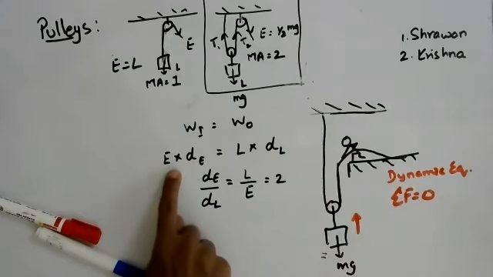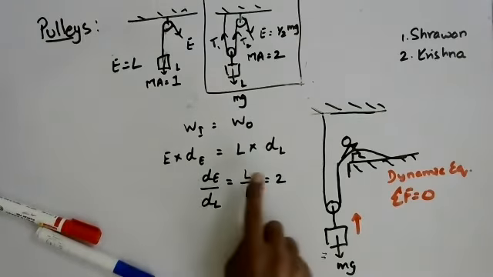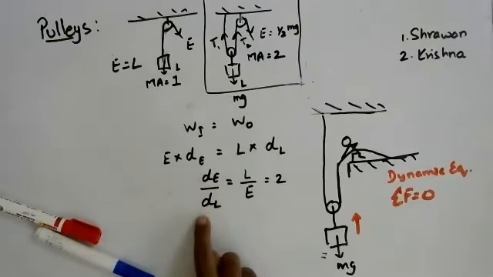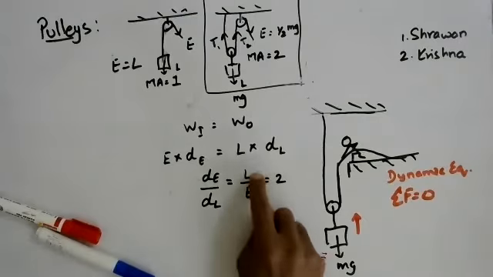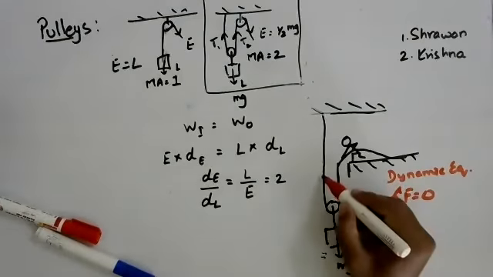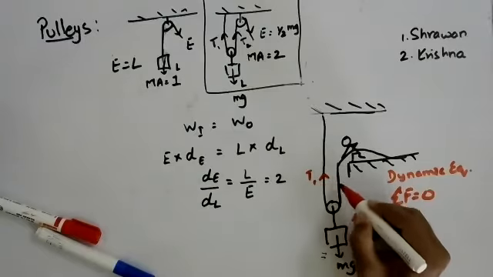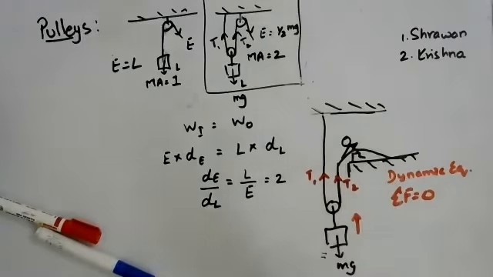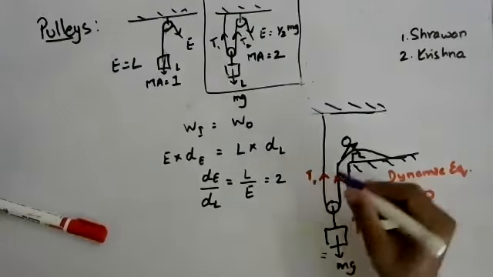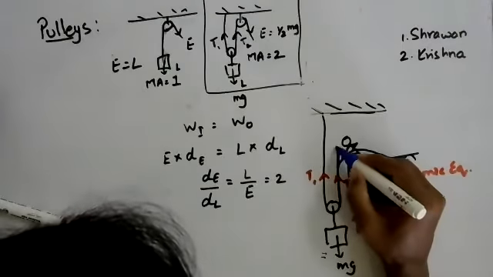Then you can say that the effort multiplied by the distance moved by the effort arm, and the load multiplied by the distance moved by the load, will be in the ratio, because load upon effort is equal to 2, because the same conditions apply, right? So over here there is T1, over here there is T2, and the person is applying a force, pulling a force in the upward direction.